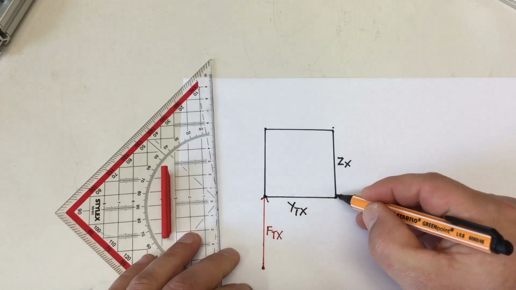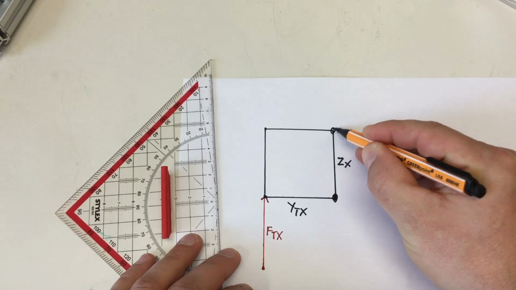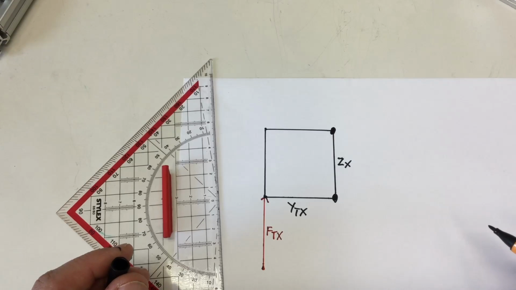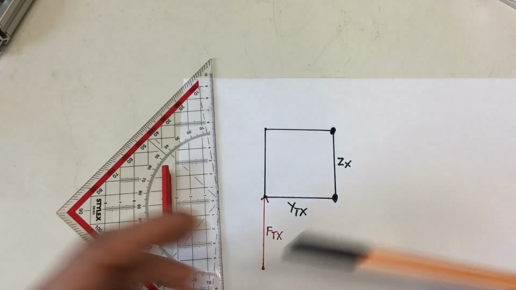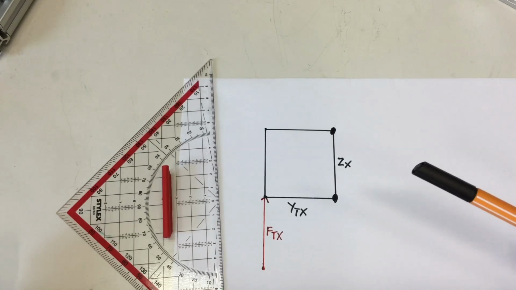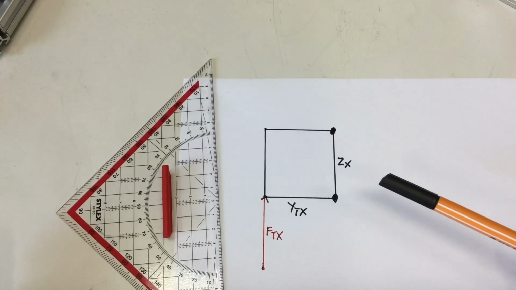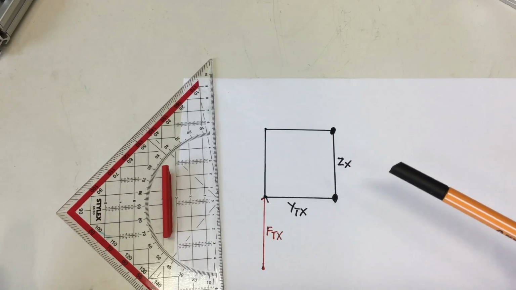I mean, we have here the lower bearing and the upper bearing. And if you remember, one principle of statics was to calculate an equilibrium of forces so nothing moves. Everything is static in an equilibrium.